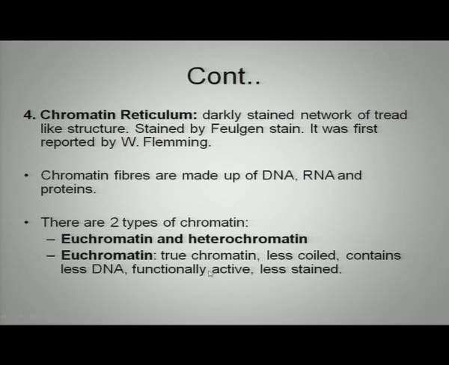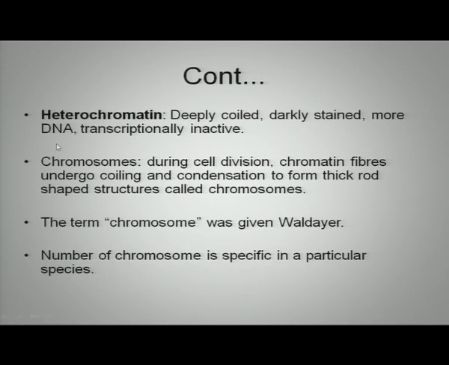They are functionally active and take less stain. The second one, that is heterochromatin. They are deeply coiled and take more stain, so darkly stained. It contains more DNA and it is transcriptionally inactive.